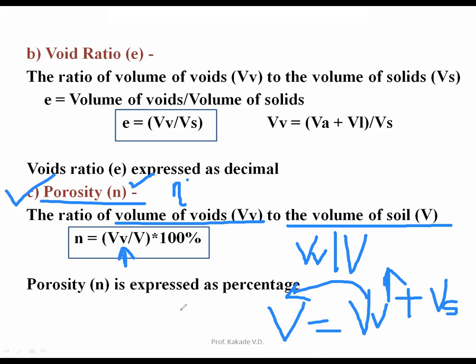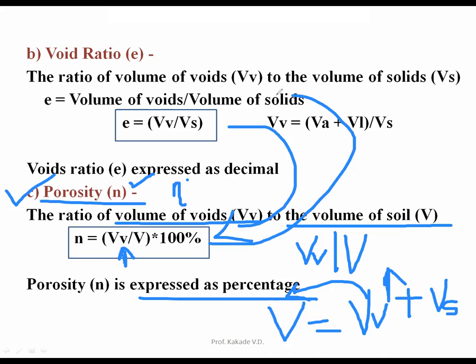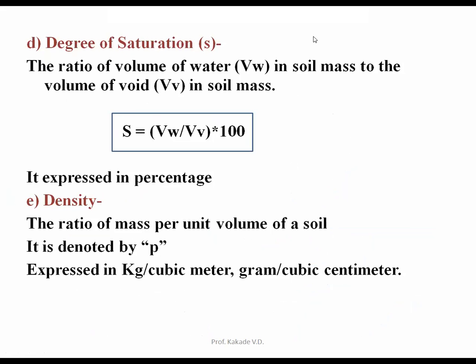When we are representing porosity, we represent it as a percentage, but when we convert from void ratio to porosity or porosity to void ratio, we put that value into decimals. So the limit of the void ratio is any value greater than 0, and the restriction for porosity is 0 to 100%, because whatever voids are there, they will not be greater than the total volume of soil. So this is an index property of soil.